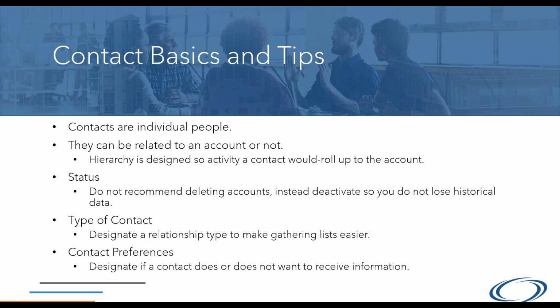Maybe you want a list of all your customers because you want to email them this promotion, but you don't want to email your partners or vendors. You could even have competitors you're tracking within the CRM. So it is helpful to have a type of contact so you can filter down to just those you are looking for when you are gathering lists of data.